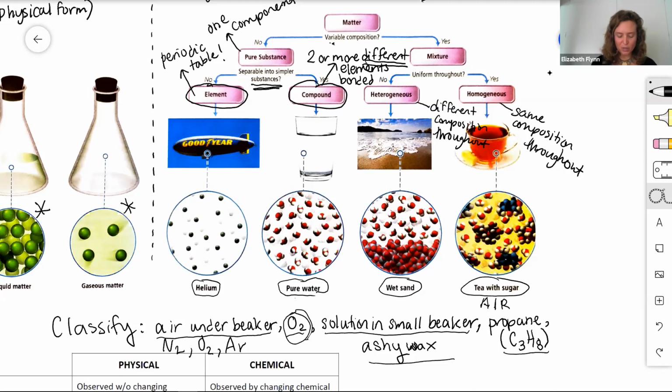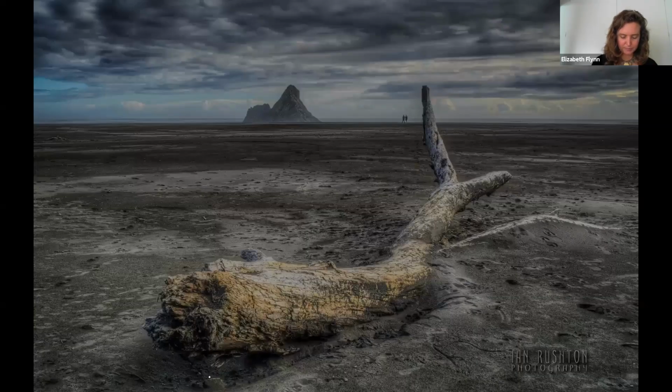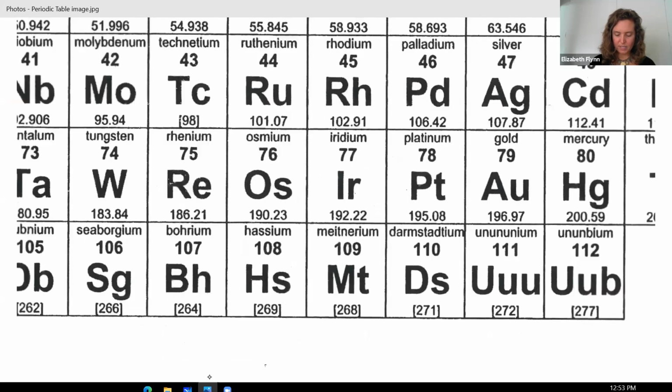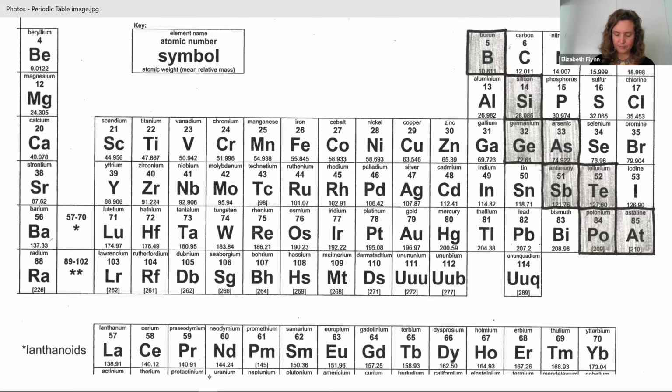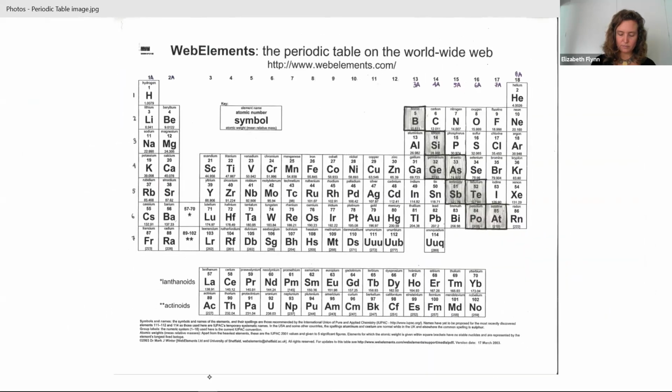And exactly, we know it's an element because we can look at the periodic table, and we can see oxygen over here.